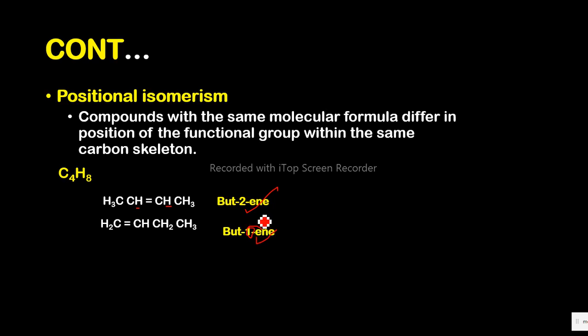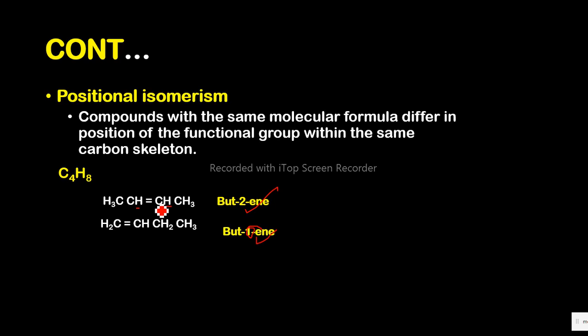The double bond is on carbon number 1, but here the double bond is on carbon number 2. But it is the same double bond. If you alternate, maybe you put a single bond somewhere or a triple bond, now that ceases from being a position isomerism, but rather a functional isomerism, because there is now a difference in the functional group. Okay?